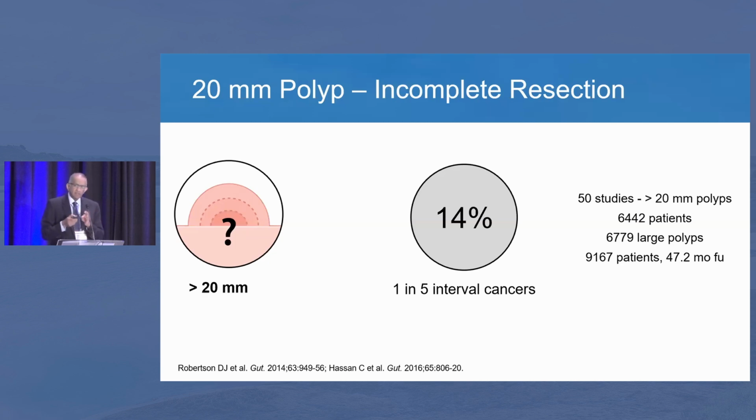It's very interesting, even at DDW recently, I'm a little bit disappointed to see that we are still reporting high recurrence rates for EMR. We should have a recurrence rate of under 5%, and that is achievable if you follow the principles.